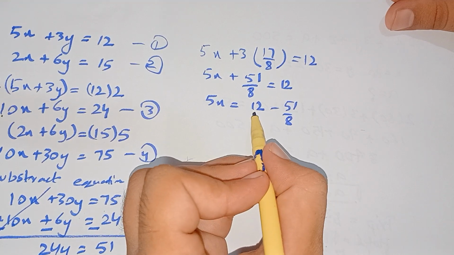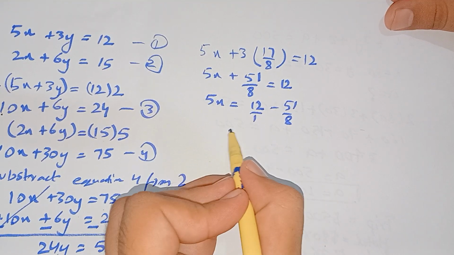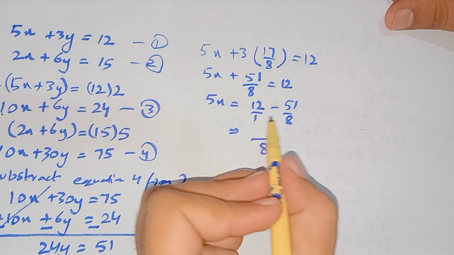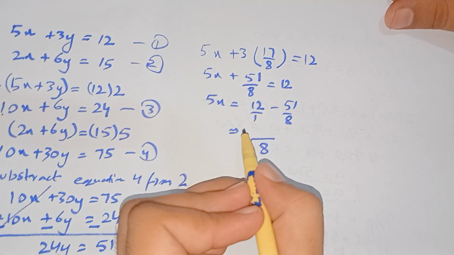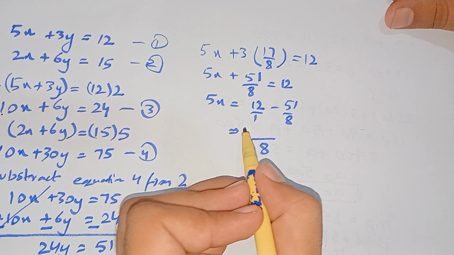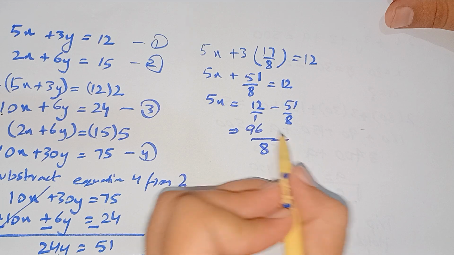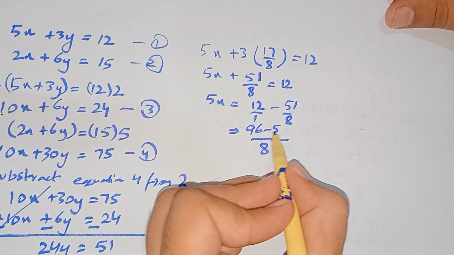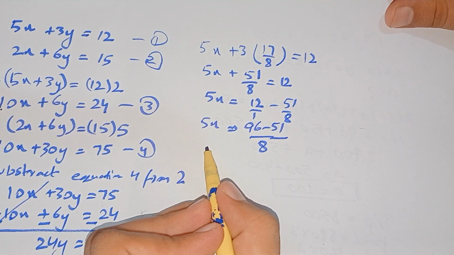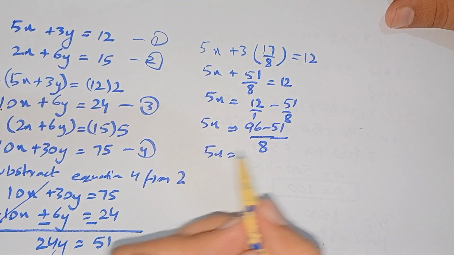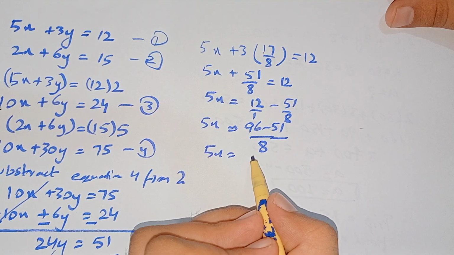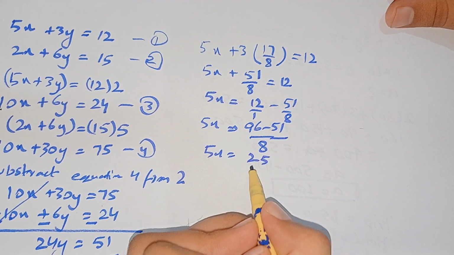Then we have to find the LCM. 8 multiplied by 12 is 96, and 1 multiplied by 51 is 51, so 5x equals 96 minus 51, which is 45 by 8.